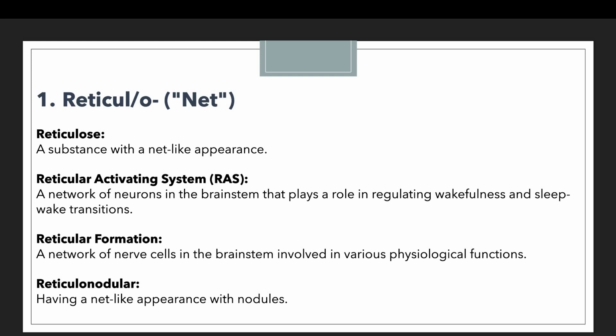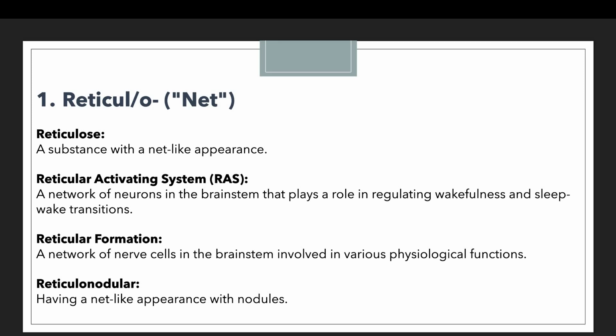Then we have reticulonodular. Now, what is reticulonodular? It is a structure having a net-like appearance with nodules. So when there is a combination of nodules and net-like appearance, then in that case we will utilize the terminology reticulonodular, where reticulo is a prefix.